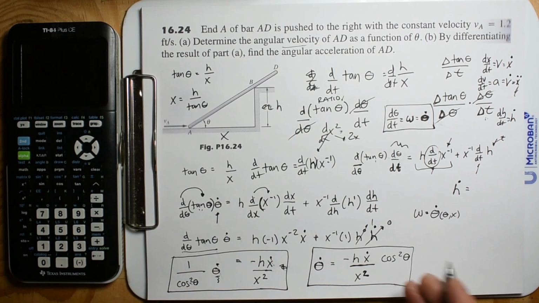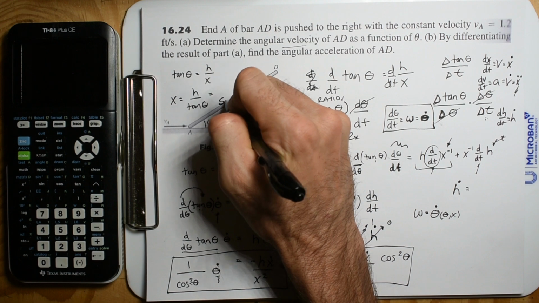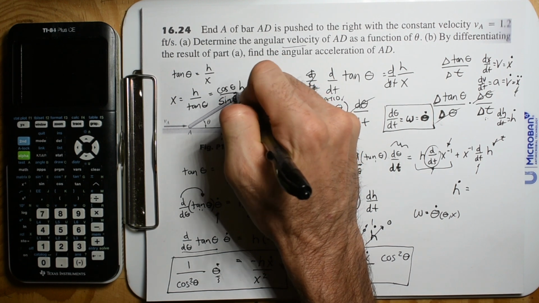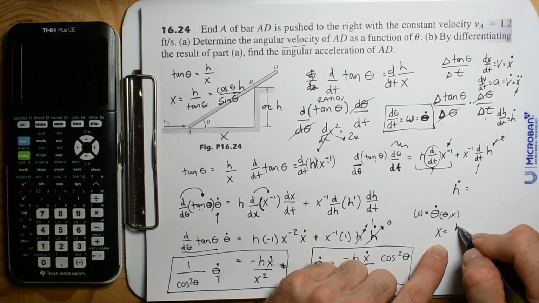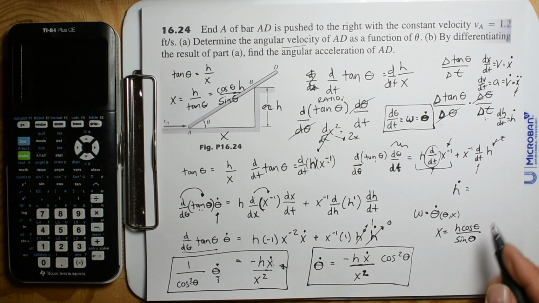And then we're going to have to cancel some things. So what's tangent theta? We said tangent theta was sine theta divided by cosine theta. So we have x is equal to h cosine theta divided by sine theta.